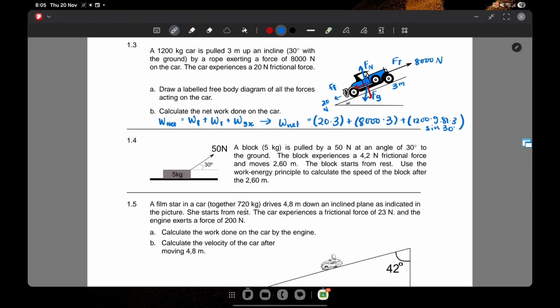and it looks something like this, where this is work done by friction, force times the distance traveled by the car, as it says is 3 meters, force by tension times distance traveled, this is work done by tension.